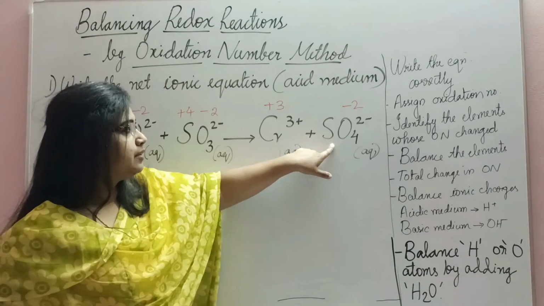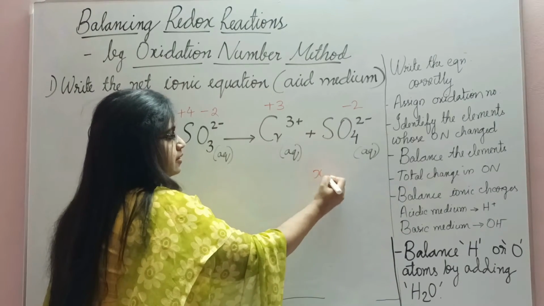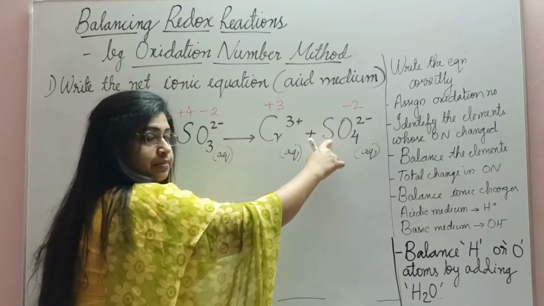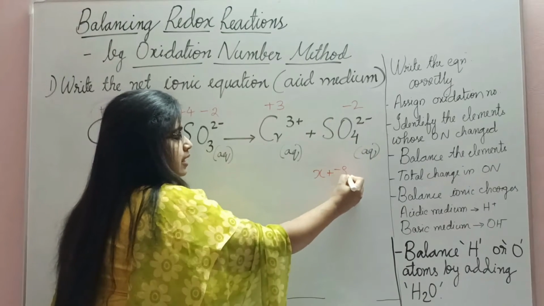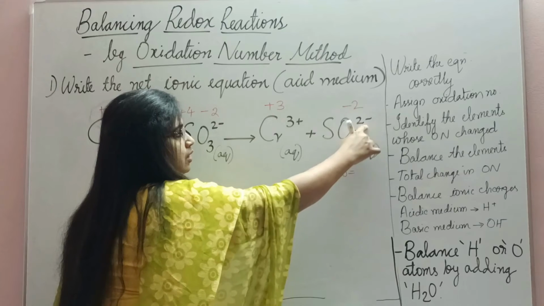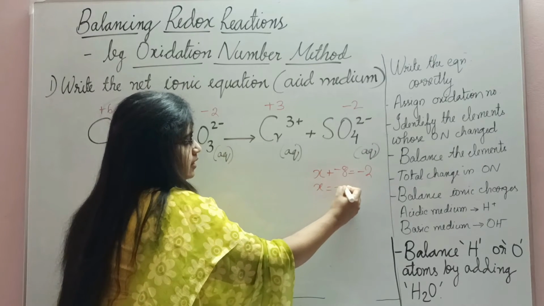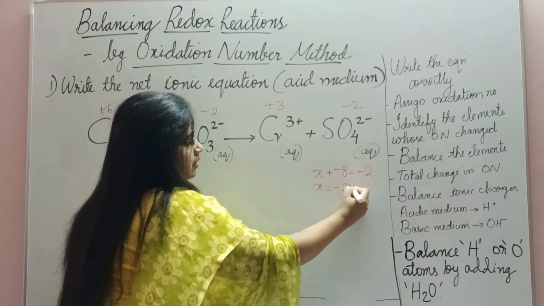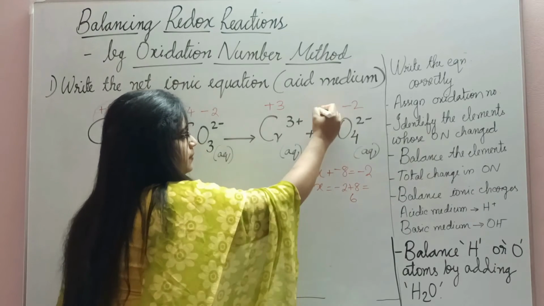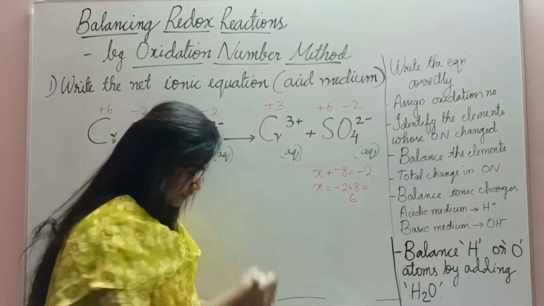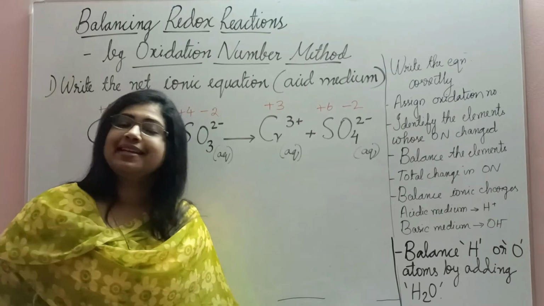For sulfur, let x be the oxidation number of sulfur. x plus 4 times -2, that is -8, is equal to -2. So x is equal to -2 plus 8, that is +6. So the second step is over.